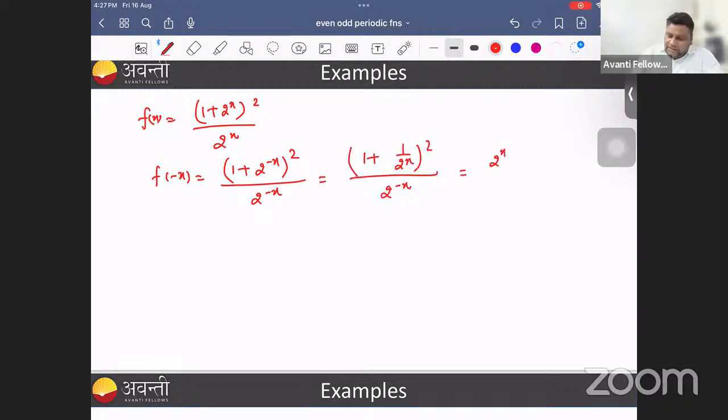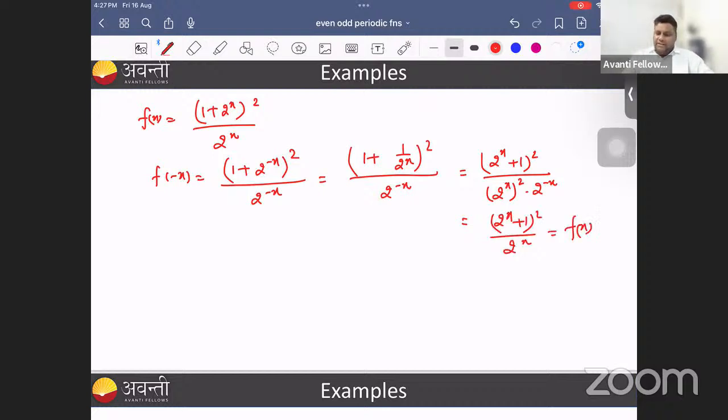So if I take LCM, 2 to the power x plus 1 whole square upon 2 to the power x whole square into 2 to the power minus x. So in the denominator, one 2 to the power x will get adjusted. So it is 2 to the power x plus 1 whole square upon 2 to the power x, which is again what? f of x. So since f of minus x is equal to f of x, this is an even function. Very good, and round of applause for those who identified it.